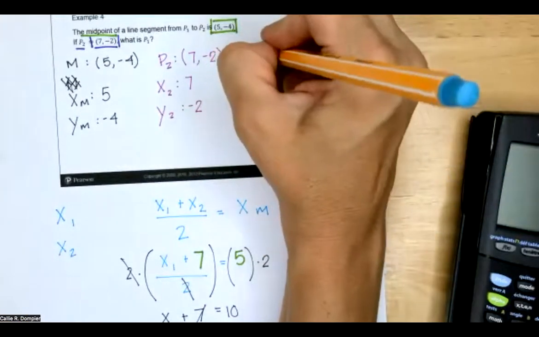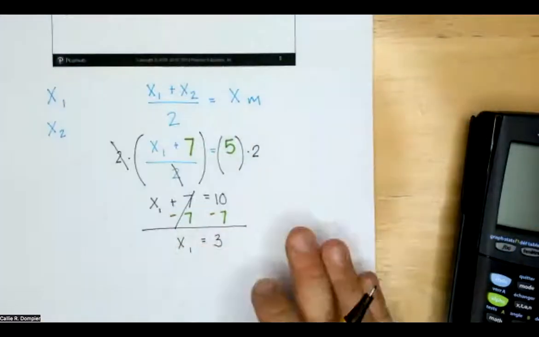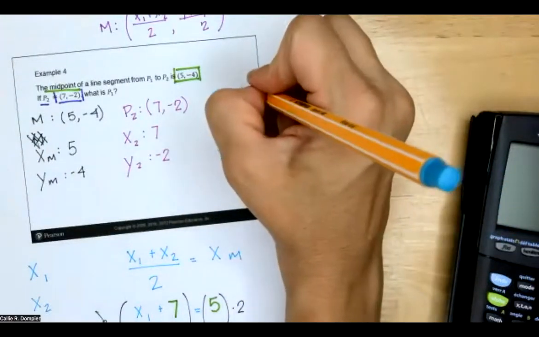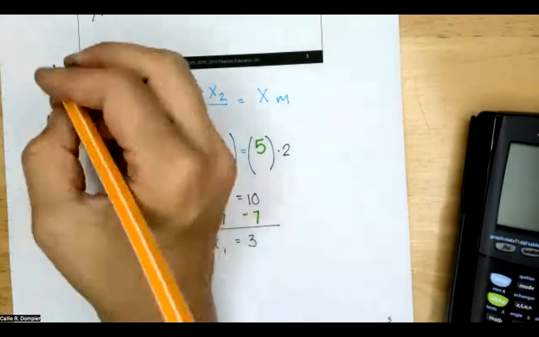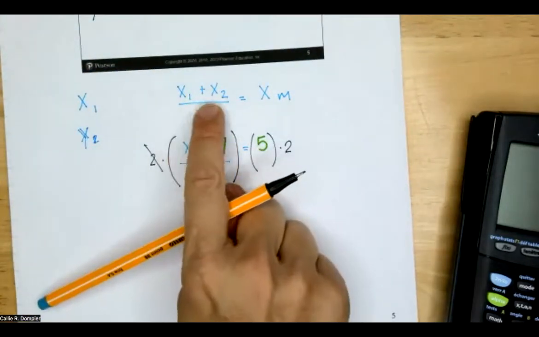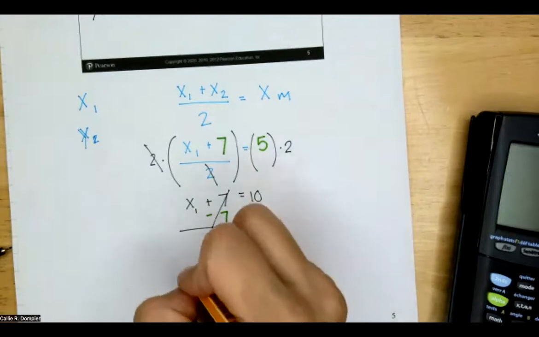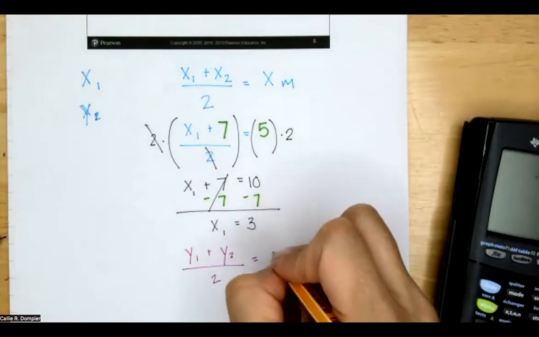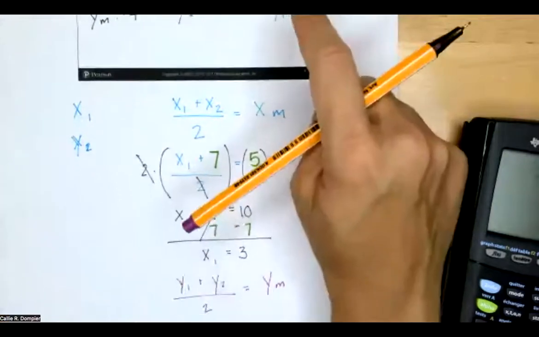So I'm trying to find P1, and according to this formula, x1 is 3. What is y1? Same thing for the next one. x1 plus x2 divided by 2 is going to be the x of the midpoint. Same thing for the y value of the midpoint. y1 plus y2 over 2 is going to give me y midpoint. Now I can substitute in, I know y2 is negative 2.